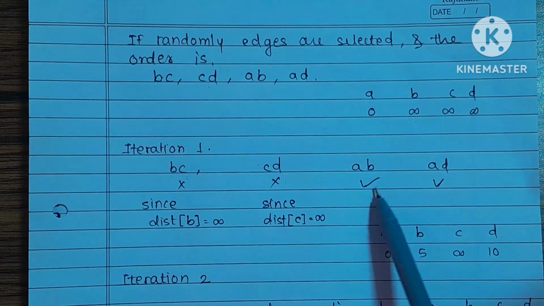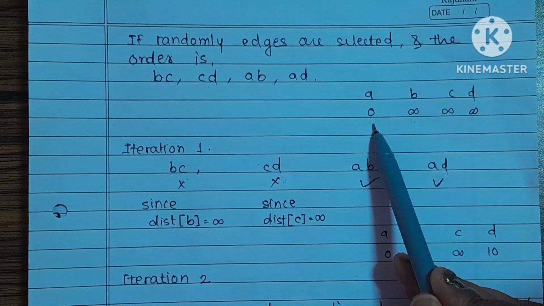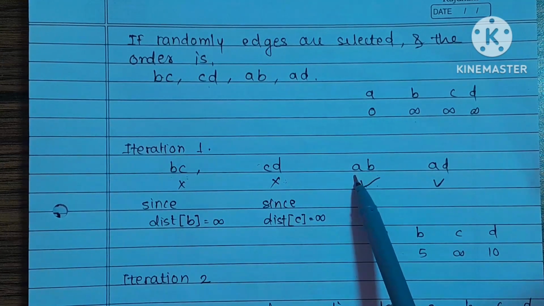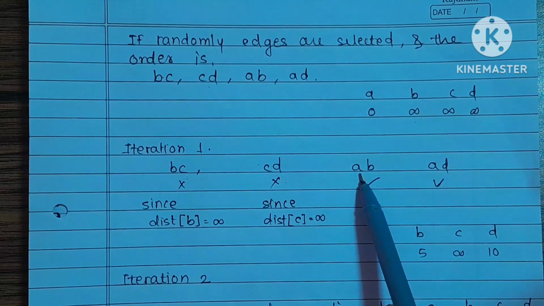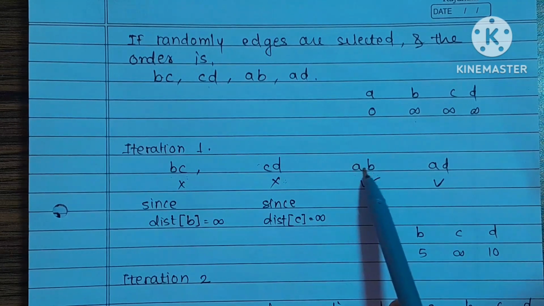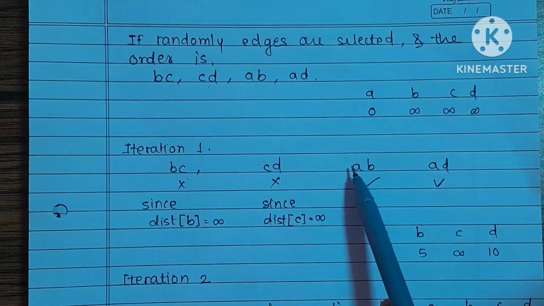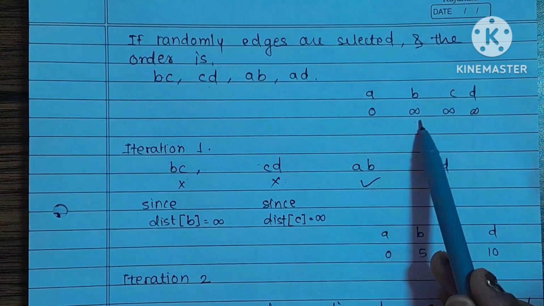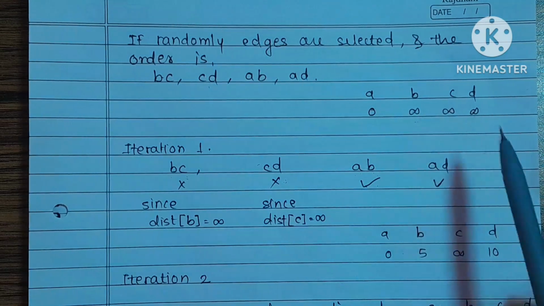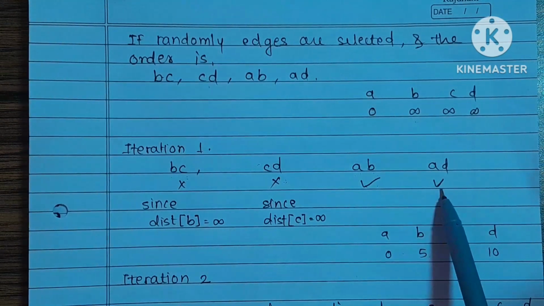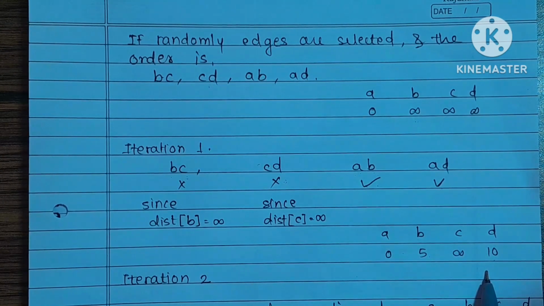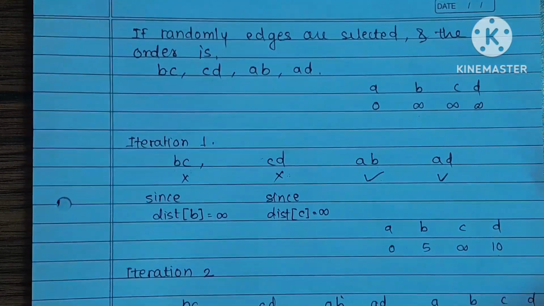In case of AB, the distance of A is 0, so we are allowed to update the distance of B based on the distance of A. Distance of A plus the cost of the AB edge, which is 5, so the distance of B could be updated. Similarly, the distance of the D node could be updated to 10. That's how the first iteration is over. So that is what was said earlier.